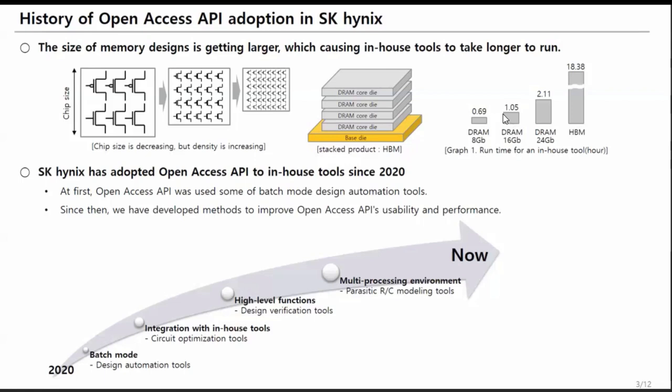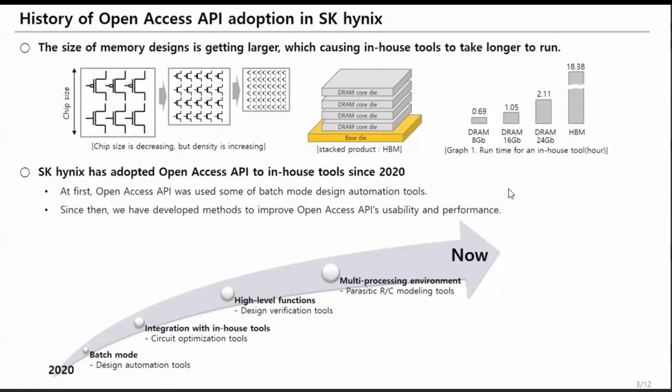However, as the density increased, the runtime gradually increased, reaching almost a full day for the HBM product lineup, which began to affect design work time. Although several methods were tried to reduce the increasing runtime of in-house tools, there were limitations, leading to the development of in-house tools using OpenAccess API.